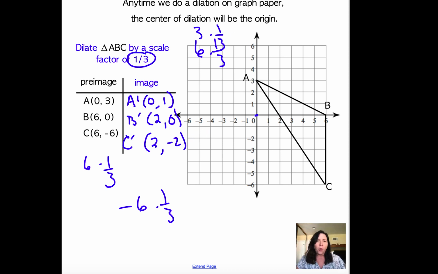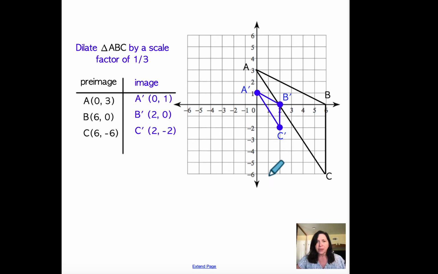So my new points are going to be 0, 1 here, 2, 0 here, and 2, -2 here. So this is C prime, B prime, and A prime. And so we draw our new triangle like this, and therefore this is a reduction by 1/3, a scale factor of 1/3.